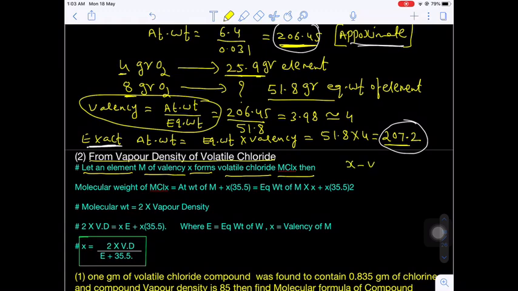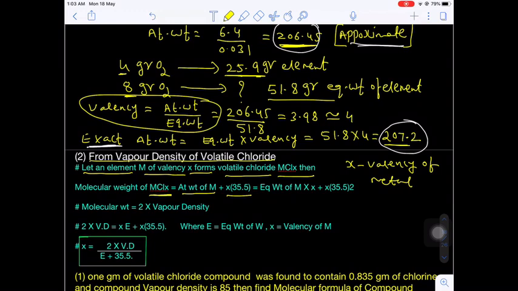What is the X here? Valency of the metal or element. Now what is the molecular weight of MClX? Sum of the atomic weights. Atomic weight of M plus how many chlorine atoms are there? X into 35.5, because each chlorine atomic mass is 35.5.